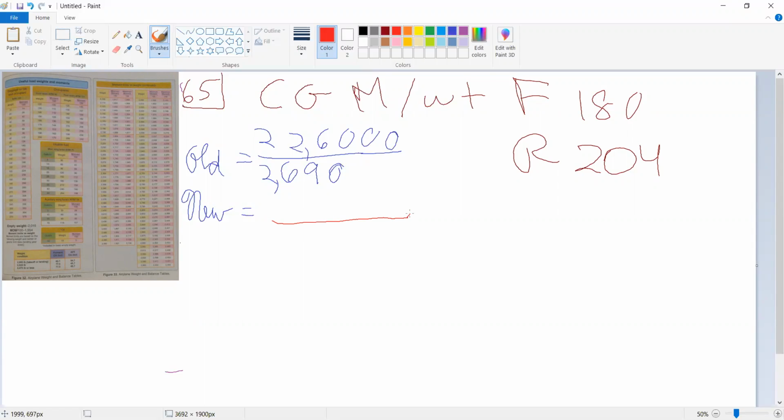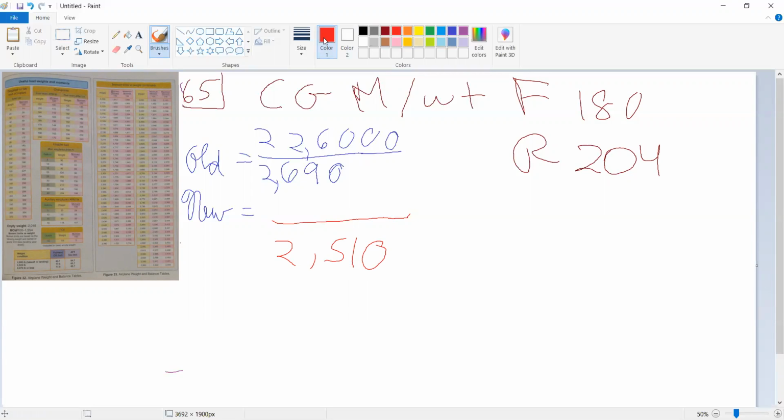What's happening is we're losing 180 pounds in the denominator because the front passenger departs the airplane and the rear passenger moves to the front passenger position. So now we're without that 180 pounds. That person is no longer in the plane. So the plane no longer weighs 2,690 pounds. We're 180 pounds lighter. So when we subtract 180 from 2,690, we're left with 2,510 pounds.